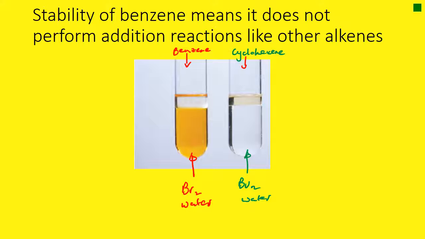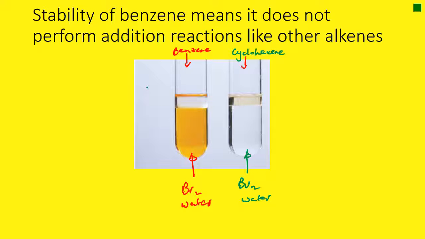The double bond in cyclohexene did react with the bromine molecules, so the bromine in the water disappeared and formed a bromoalkane, which is clear, as you can see in the second test tube. However, the bromine molecules weren't able to attack the double bonds in the benzene molecules, again because they are delocalized around the ring.